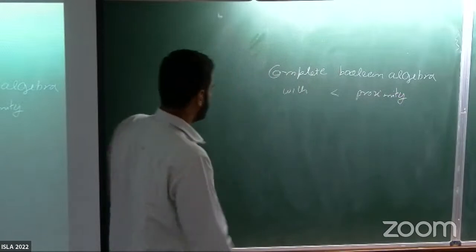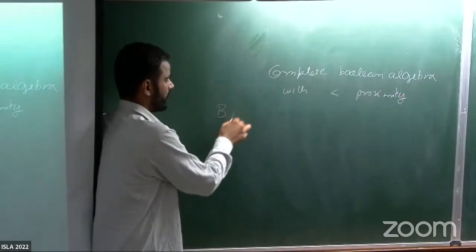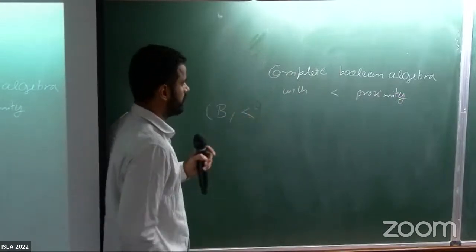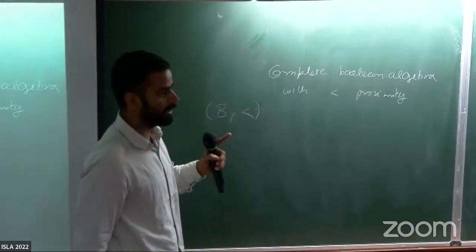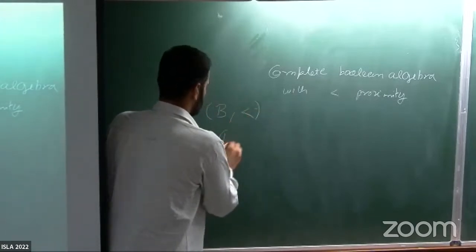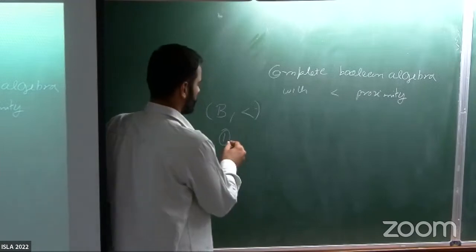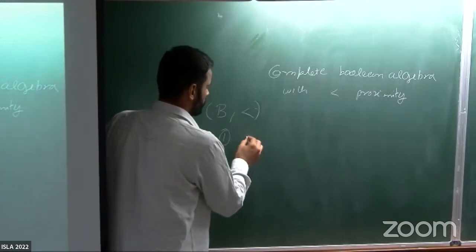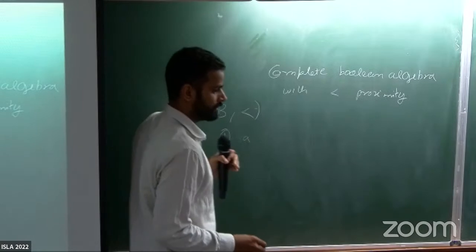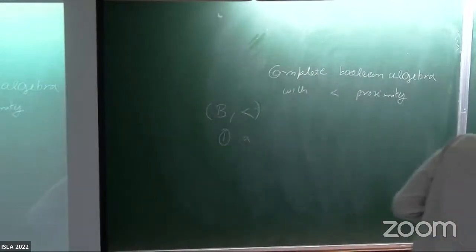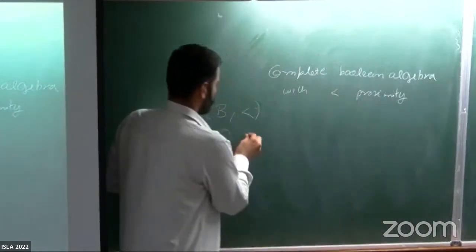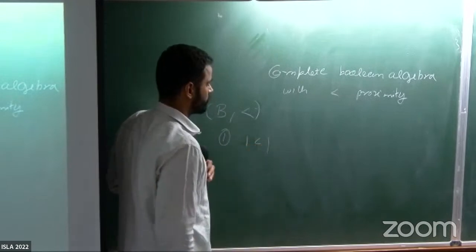If we have any Boolean algebra B and a relation on it, this relation satisfies some conditions. If we have 2 elements, then 0 is always related to this.